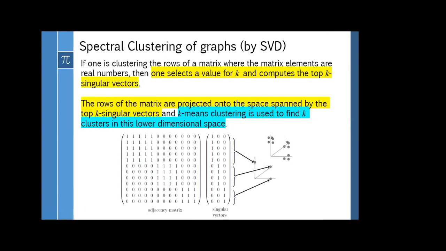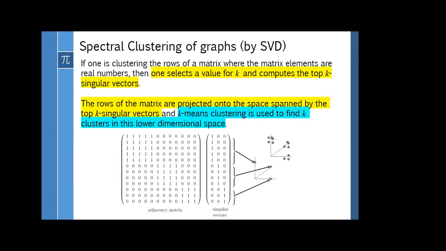So the higher the singular vector, the more domains it would generate. The first one is everything positive. The second is one part positive, another part negative. The third has three nodal domains within this graph, so I have positive, negative, positive, and so on. In principle, it works in the same way.